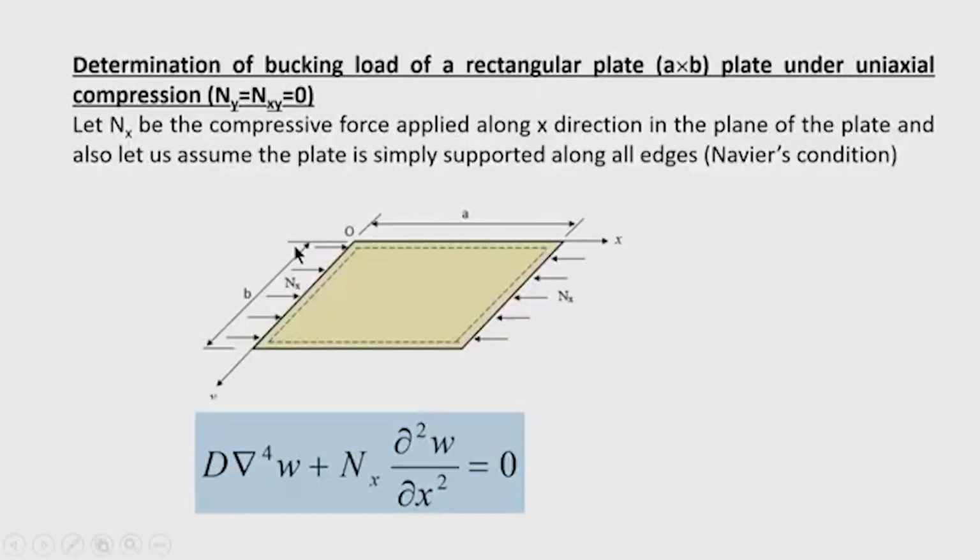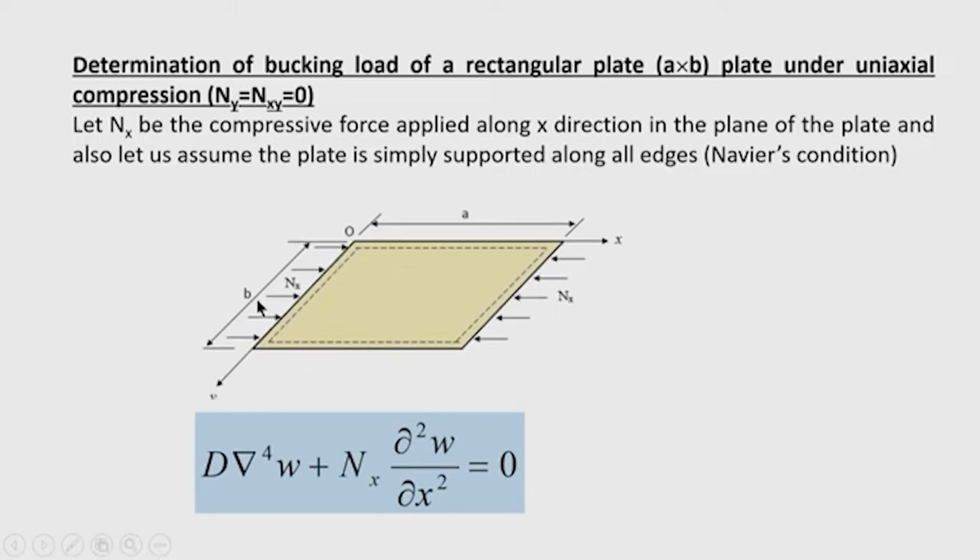We have taken a problem case of a rectangular plate of dimensions a and b, where a is the length of the plate and b is the width of the plate. So a by b is the aspect ratio, and it is subjected to uniaxial compression.